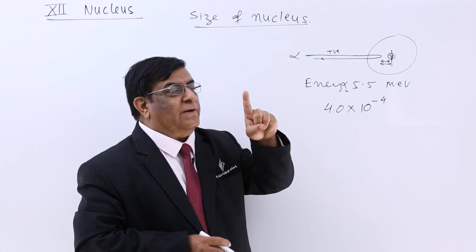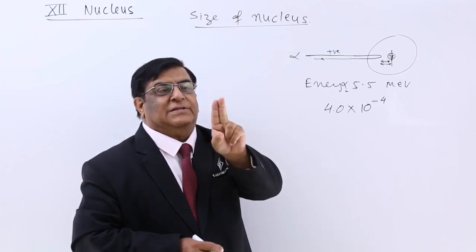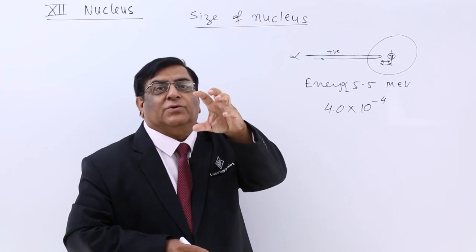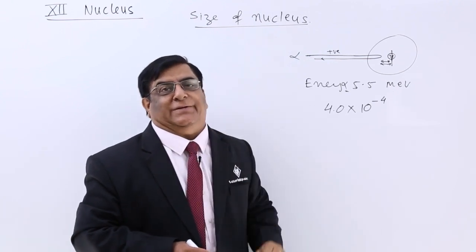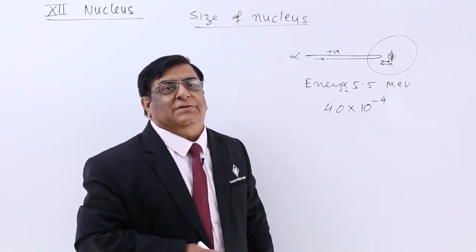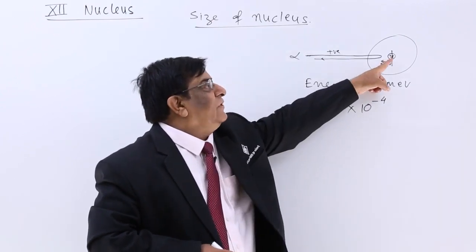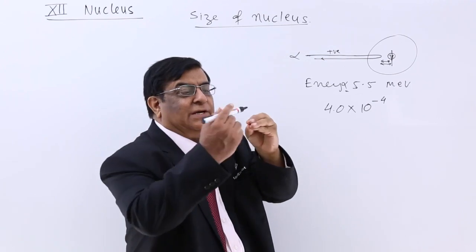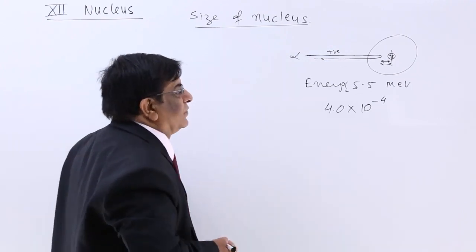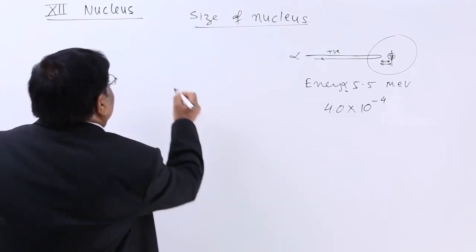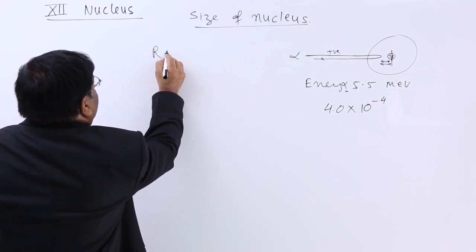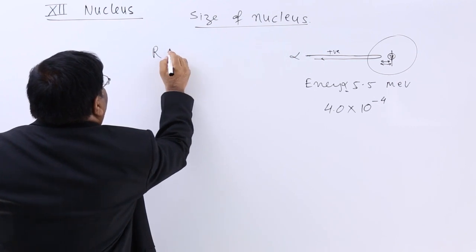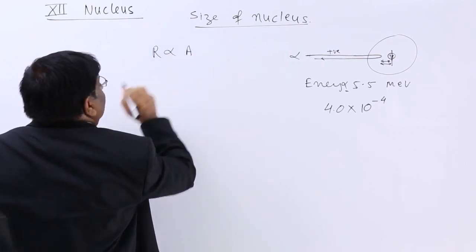If there is one proton, this is the size. There are 2, 3, 4, 5, so the size will keep on growing. That means the size of the nucleus depends upon mass. Many particles we keep together, the size will increase. So here we get a relation that the radius of the nucleus depends upon atomic mass.